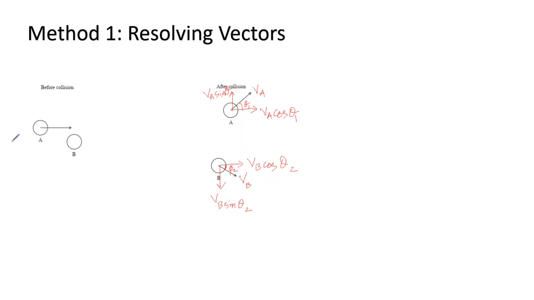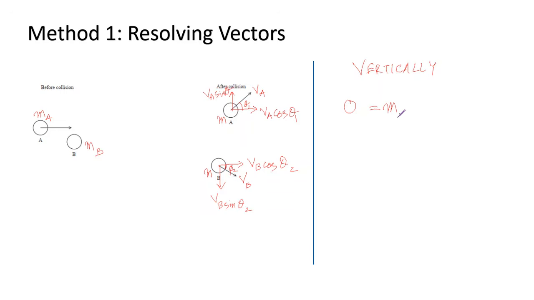So let me show you one example. Let's consider all of these A's and B's have masses MA and let's say MB. So this is mass of A and mass of B. So let me just give you one example. If I consider the vertical aspect of it, so vertically, this was moving horizontally, so there was no vertical motion. So total momentum before collision was actually 0 in the vertical direction, but after the collision this one went vertically upward and this one went vertically downward, considering the vertical aspect of the motion.